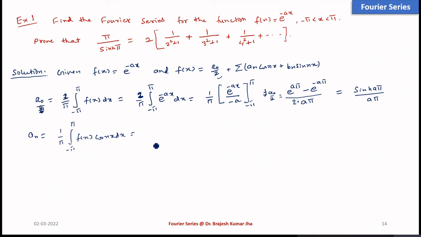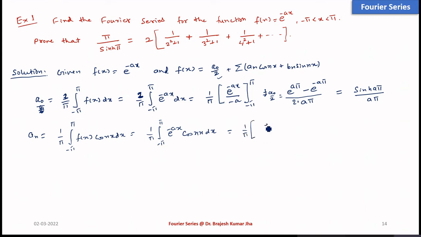So it is going to be 1 upon pi, minus pi to plus pi, f(x) is e to the power minus ax, cos nx dx. So how can we write this integration? 1 upon pi is okay.